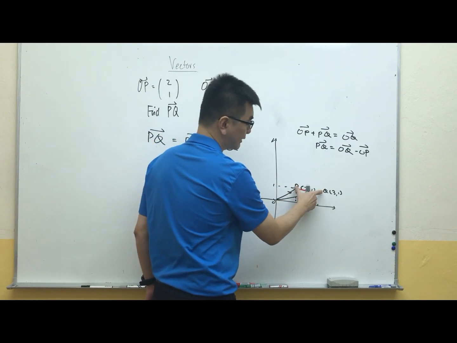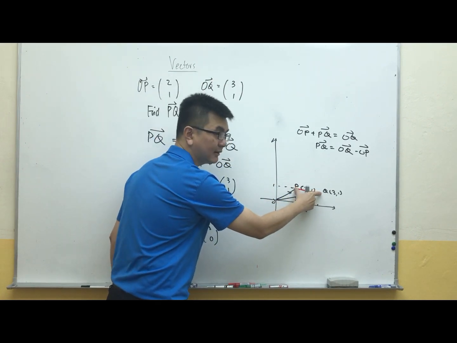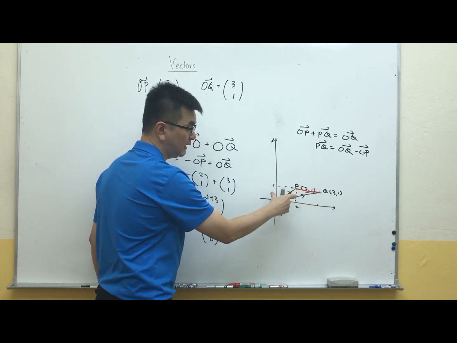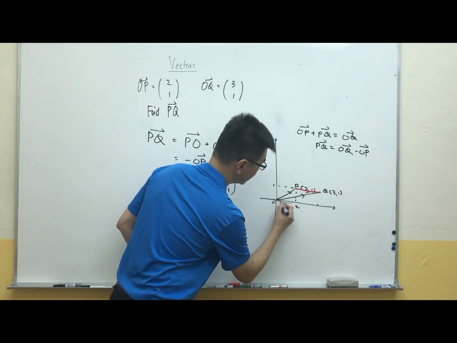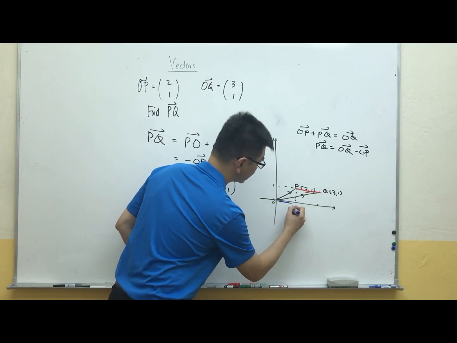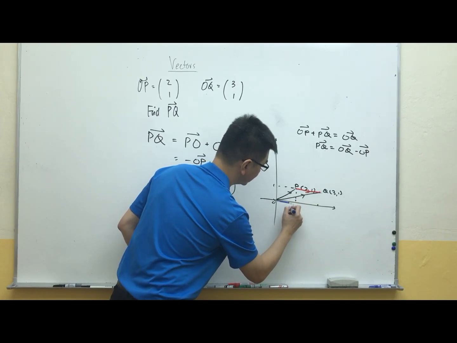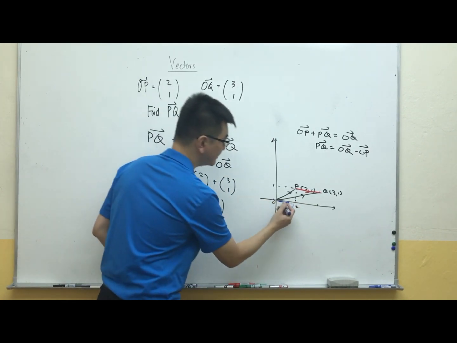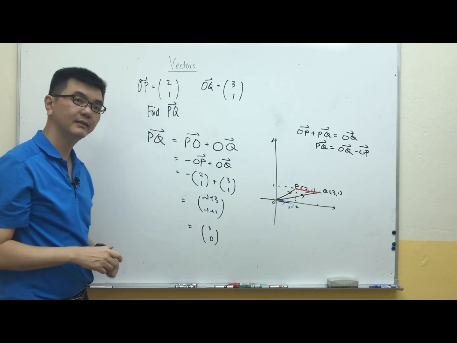So now the point over here is (1, 0). If we move the vector PQ back to the origin, it will be represented by (1, 0) here. Probably I've not drawn it to scale. This vector is the same as my vector PQ.